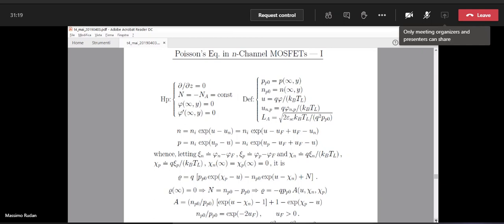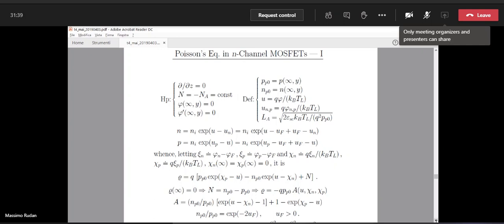So the infinity is related to the x coordinate. Okay, for each y, phi in the bulk is 0, and also phi prime, that is the derivative with respect to x, is 0. Okay.